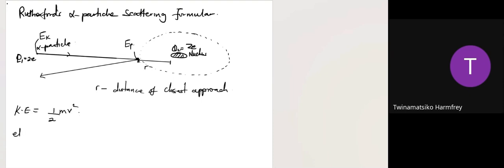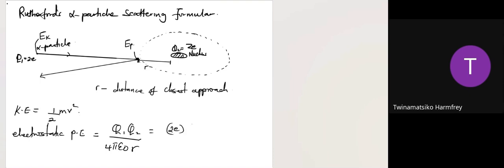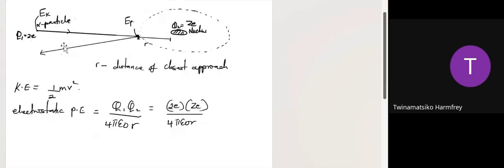And the electrostatic potential energy is Q1 Q2 out of 4 pi epsilon r, whereby our Q1 here is 2e, and our Q2 is Ze, out of 4 pi epsilon r.